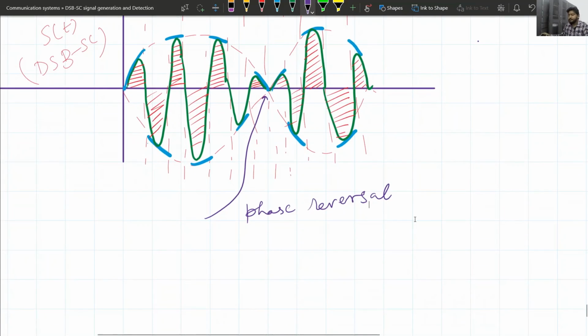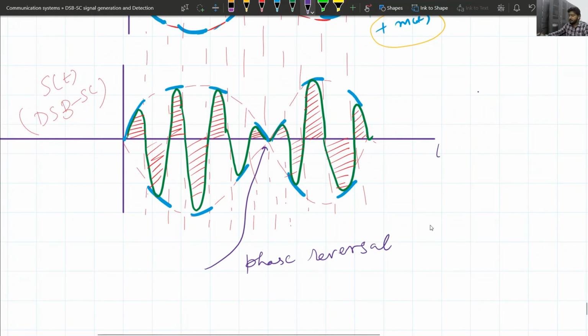So since there is phase reversal, we cannot apply the method of envelope detection as we had discussed earlier. So this is the final, or a rough draw of the DSBSC signal, and this is how we generate the DSBSC signal using the balanced modulator technique.